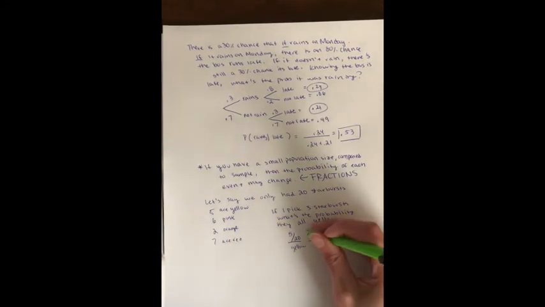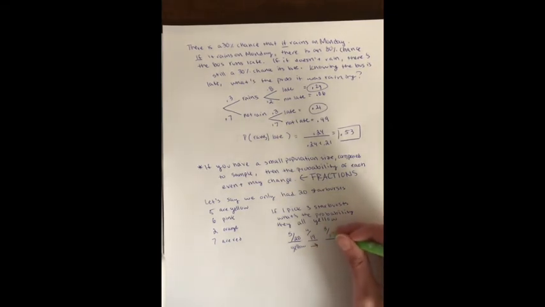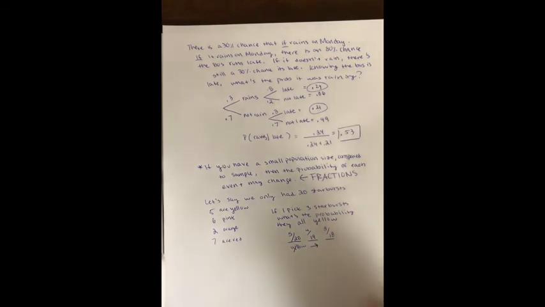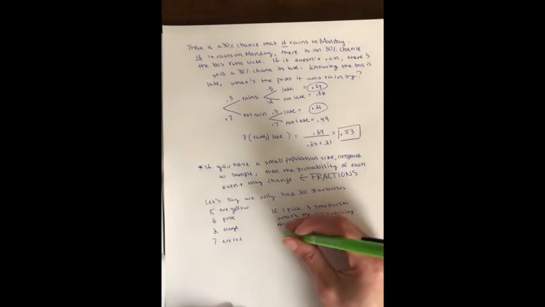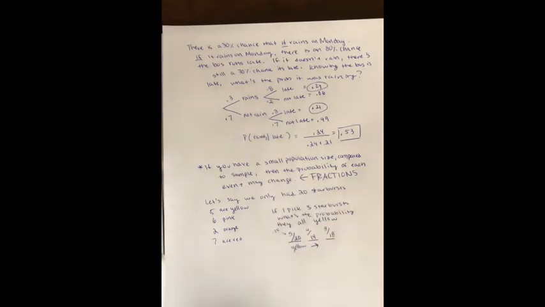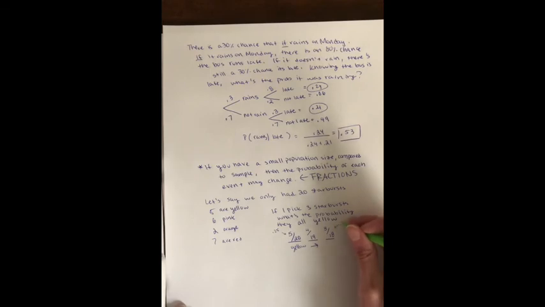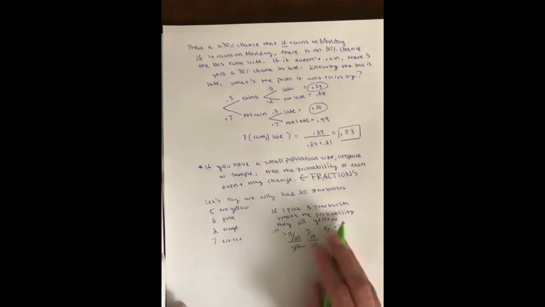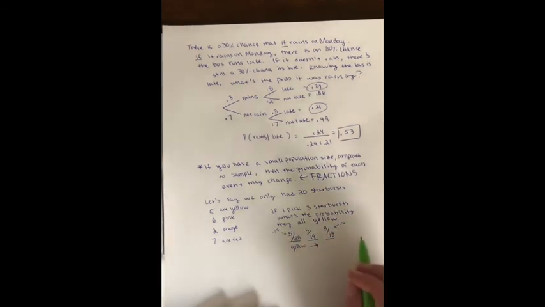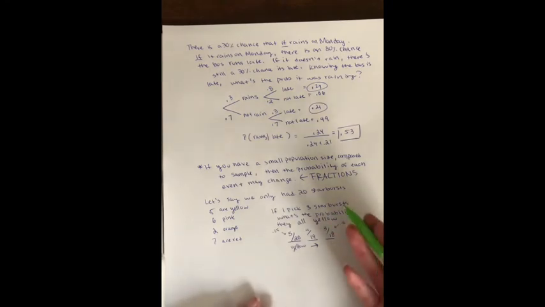There's only 4 yellows and there are 19 Starbursts. And then the next time there's only 3 yellows and there are 18 Starbursts. And notice that 5 out of 20 is 0.25, but 3 out of 18 is 0.16. So there was actually a significant change in probability because you had such a small population size.